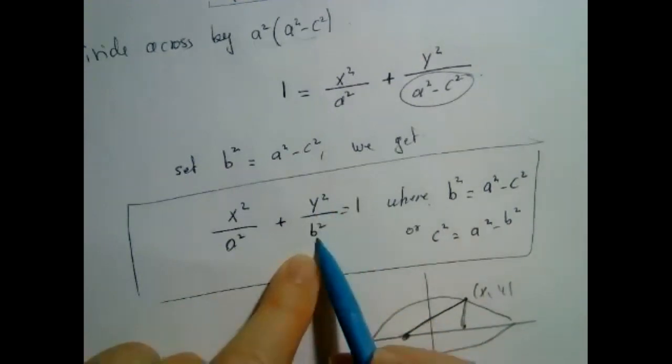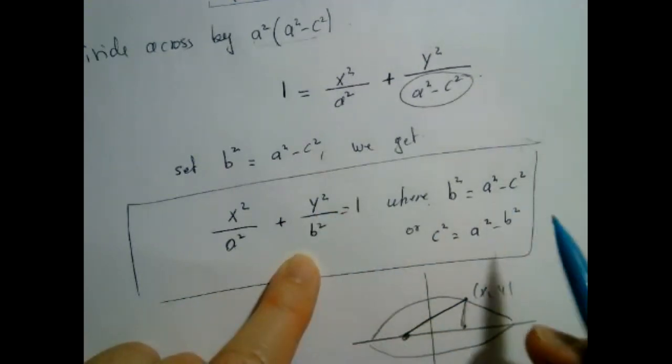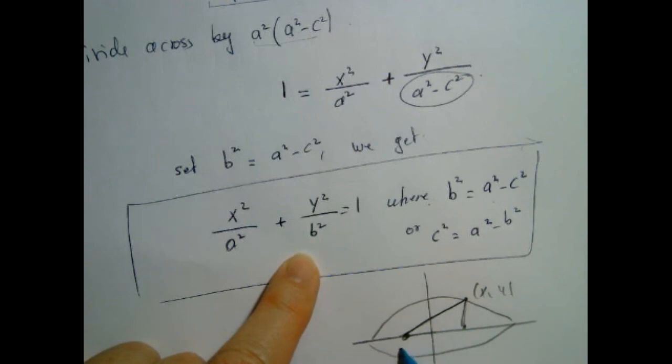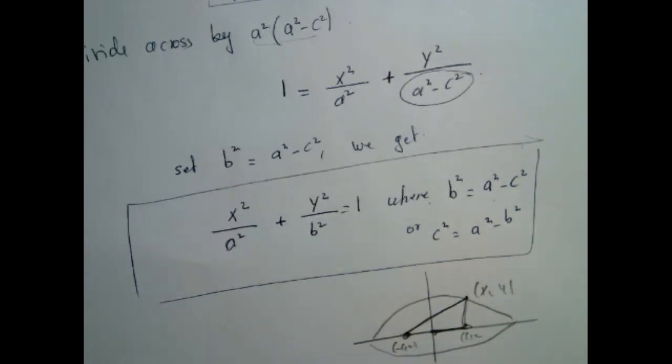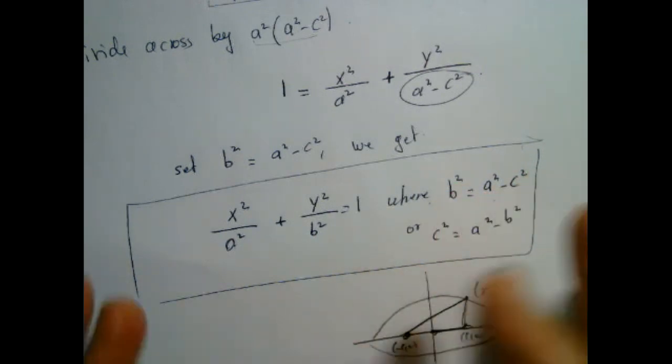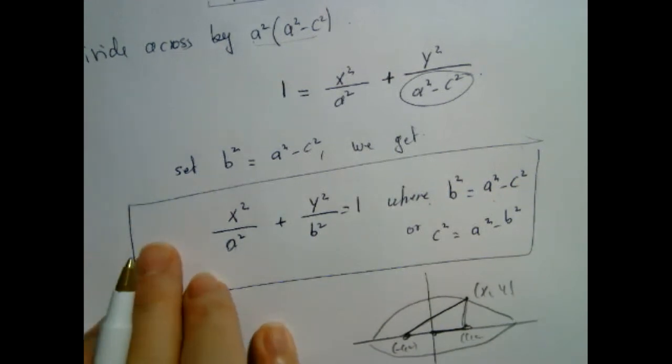And then the b squared is given right there. C is the coordinate of the foci, from here to here. And that will become the equation of the ellipse. Now let us analyze it a little bit more to be able to work with it. But that's really where this formula that some of you have seen comes from.